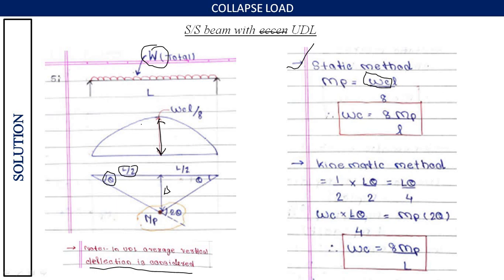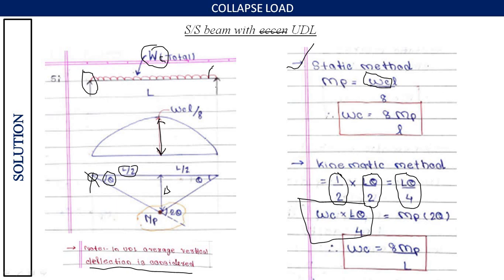But as it is a UDL, we consider half into L by 2 into theta, which will be L theta by 4. So due to external load, it will be WC into L theta by 4. As it is a simply supported point, there will be no moment or no hinge found.